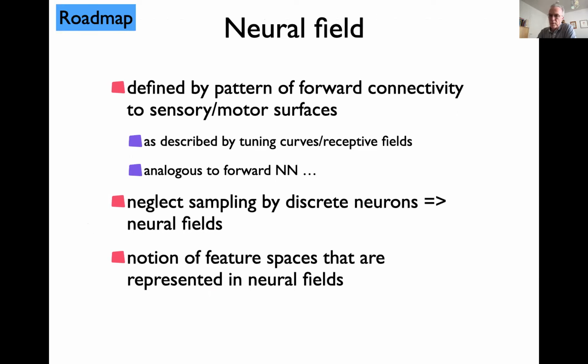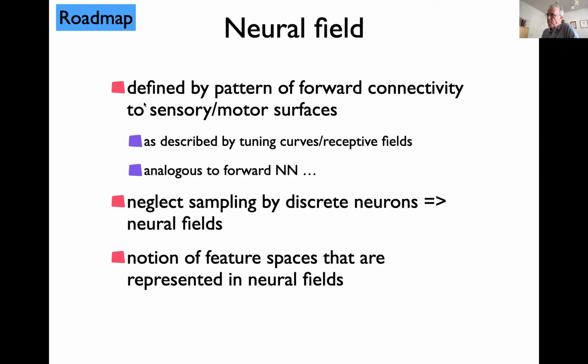Now, before I go there, I want to talk about neural fields already. So neural fields are about creating many neurons and then determining what these neurons mean by how they are connected, ultimately by where they get input from or where they send their output to.